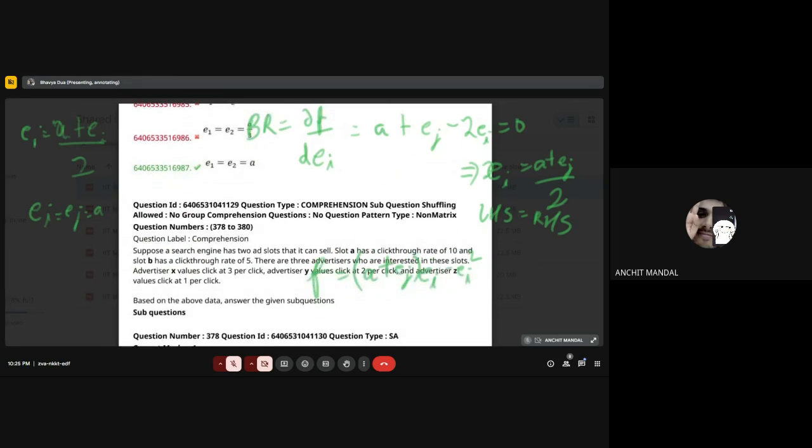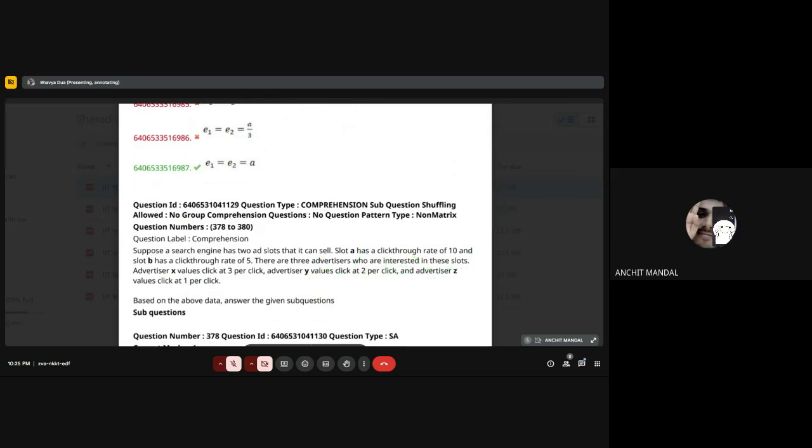Oh, here it is. The advertising one. Suppose the search engine has two ad slots which it can sell. Slot A has a click-through rate of 10, and slot B has a click-through rate of 5. 3 advertisers.